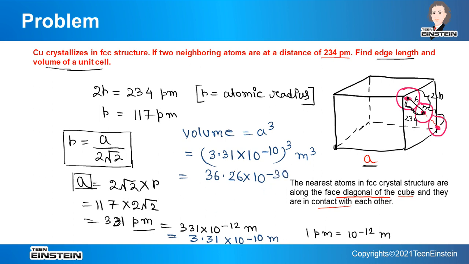If we do the calculation, it will be 36.26 into 10 to the power minus 30 meter cube. Be very careful about the units.